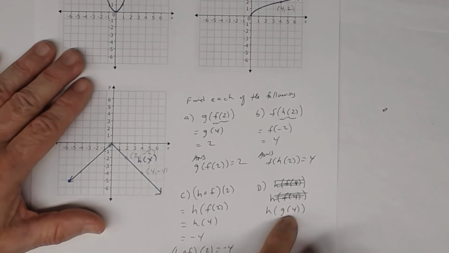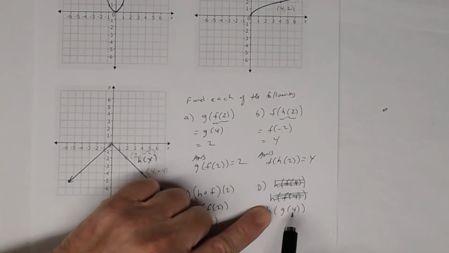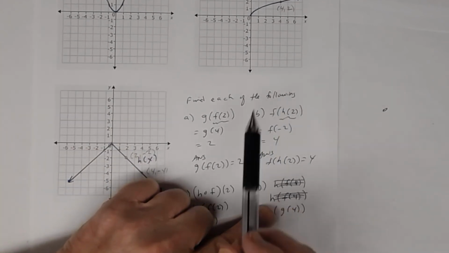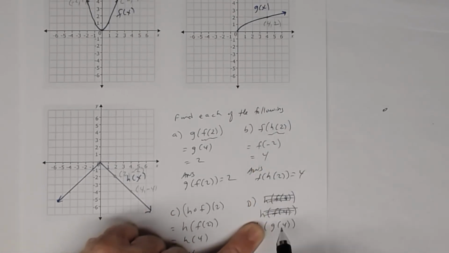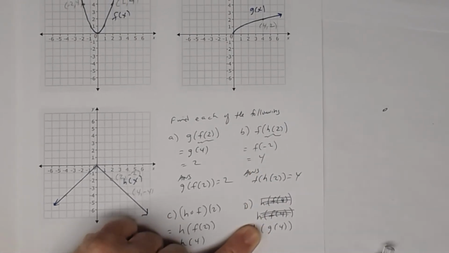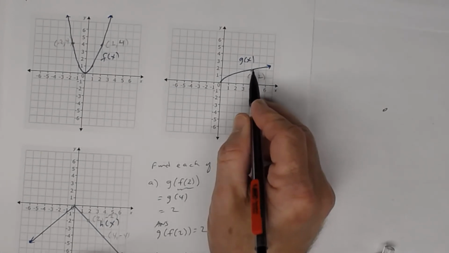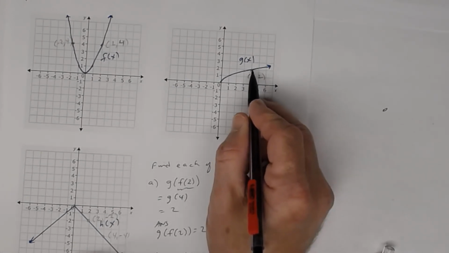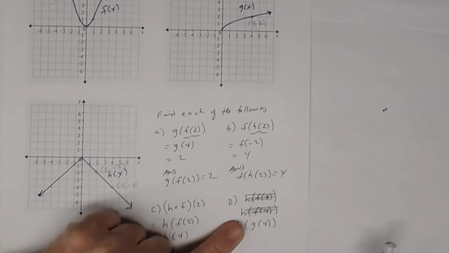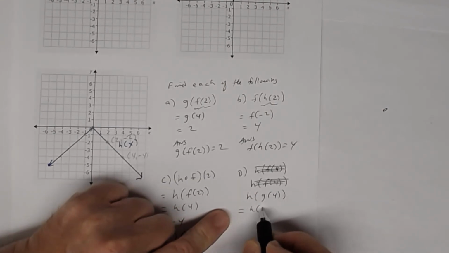So we can now easily figure that out. So g of 4, remember g of 4 means what? I'm going to go to my function g, which is this one right here. So when x is 4, what's that y value? Here's the point of the graph corresponding to x equals 4. When x is 4, that y value is 2. So it becomes 2, right? So that's h of 2.